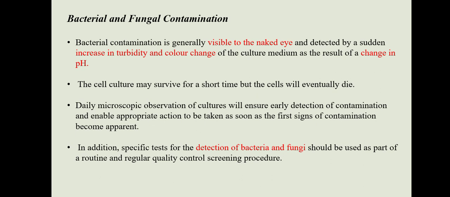Daily microscopic observation of cultures will ensure early detection of contamination and enable appropriate action to be taken as soon as the first signs of contamination become apparent. In addition, specific tests for the detection of bacteria and fungi should be used as a part of a routine and regular quality control screening procedure.